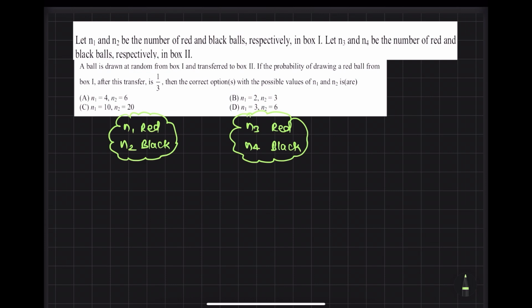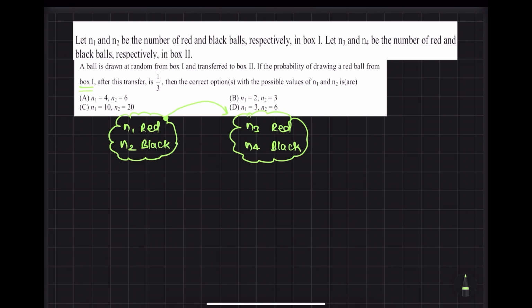So you have to draw one ball from bag 1 and then transfer it to bag 2. If the probability of drawing a red ball from box 1 after this transfer is 1 by 3.